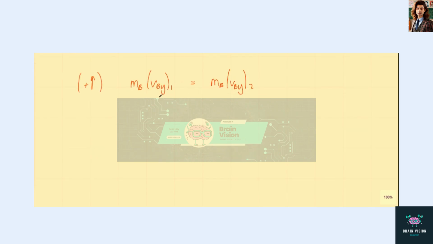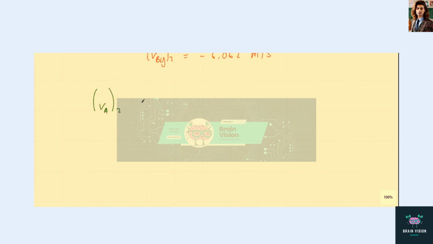From here we can see the masses cancel, and we're left with VBy2, the y component of B after the collision, equal to minus 6.062 meters per second. So now we have the x and y components of the final velocities of A and B, so we can calculate the resultant velocities.